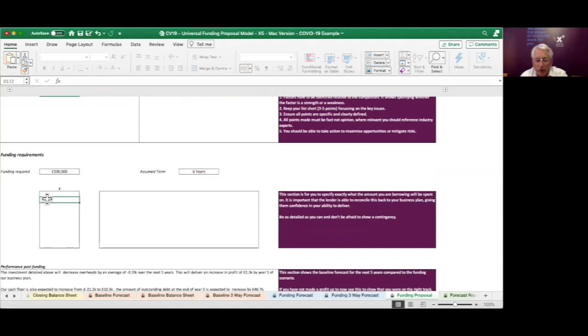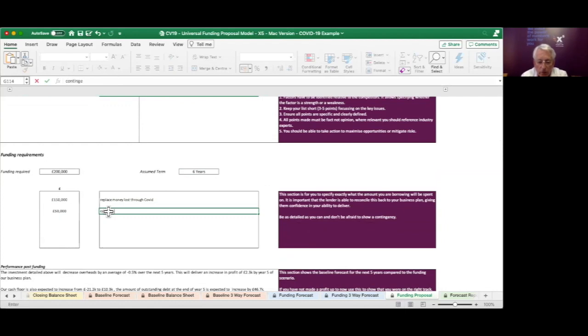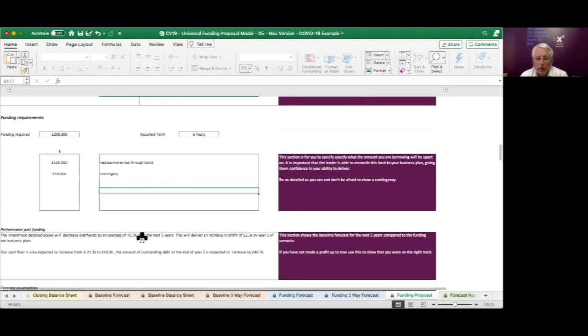So you say, right, I'm going to have 150,000 to replace money lost through COVID, and 50,000 for contingency. Okay, and so there's the figures.